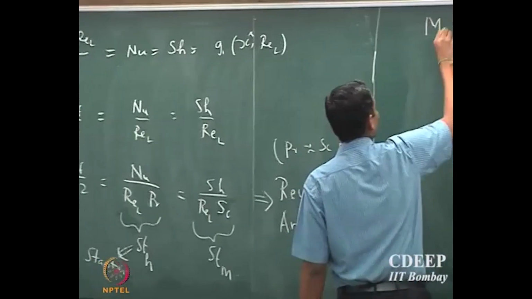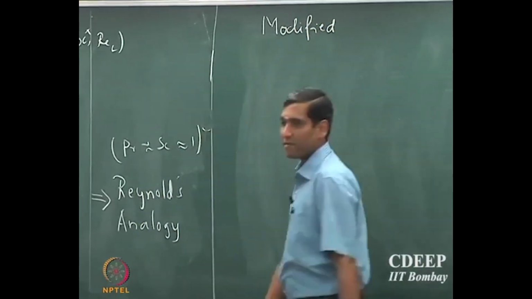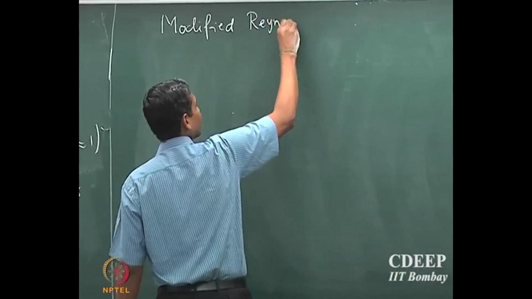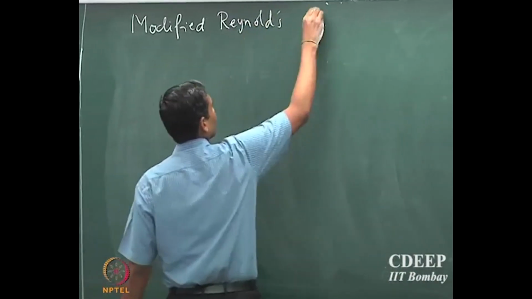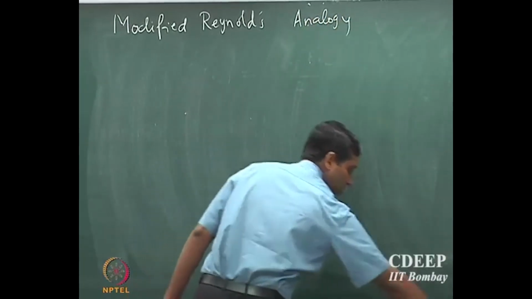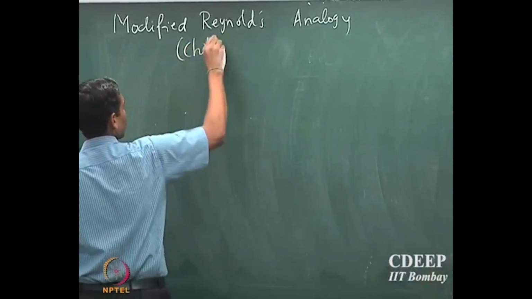So, that takes us directly to the next topic, which is the modified Reynolds analogy, also called the Chilton-Colburn analogy.